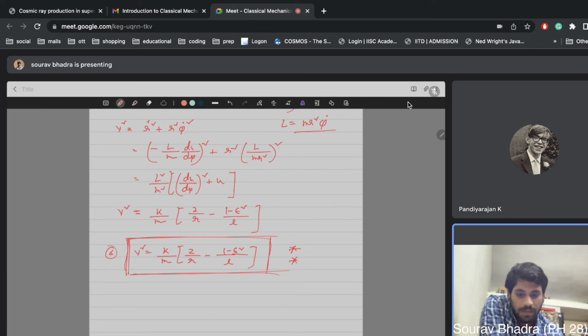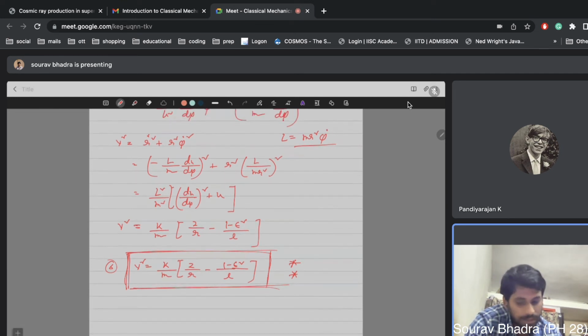So here one thing we have assumed for this expression, I have not done it. While you do it, you have to substitute your relation between your L and epsilon.